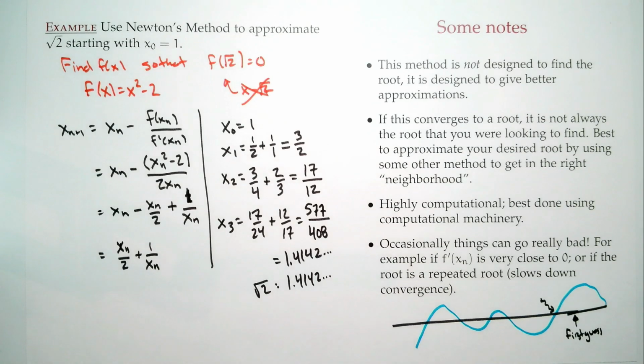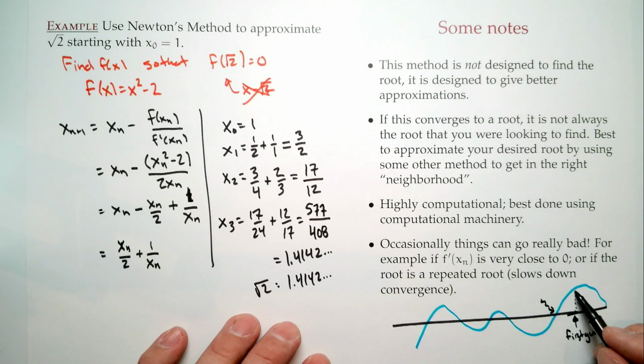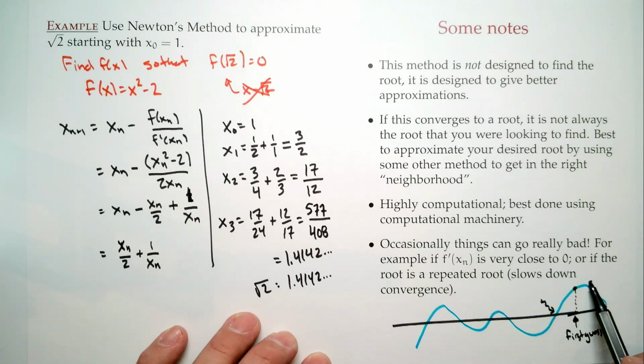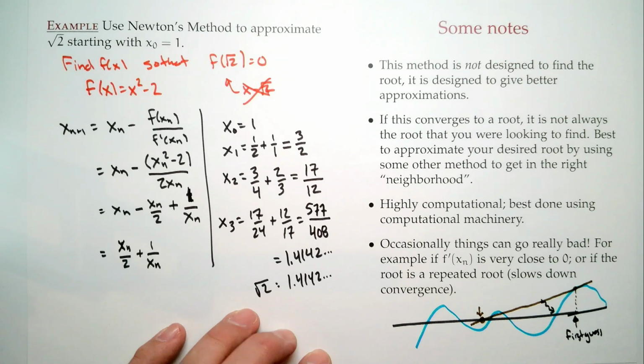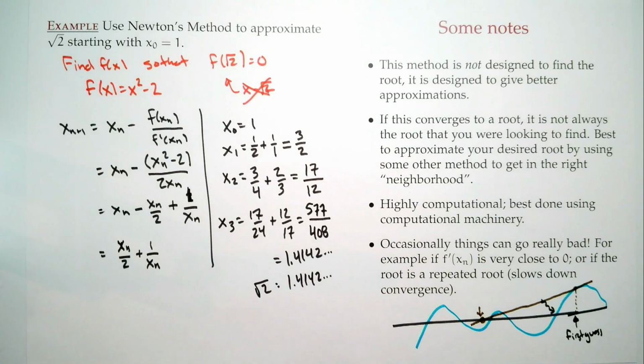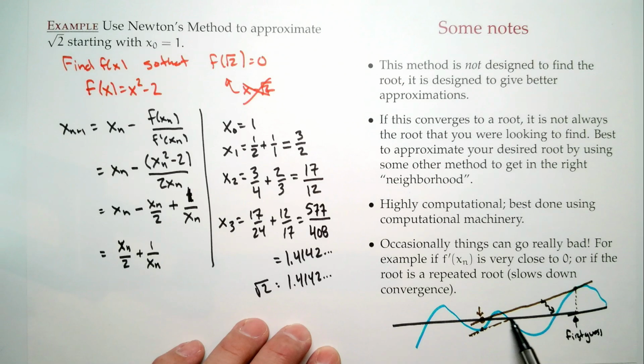Well, notice what happens. If we make our first guess, we shoot up to the curve, and then we take the tangent line. But what's true about this tangent line? The slope of it is very small. So what ends up happening is it shoots you, and your second guess goes way out. And then, of course, you get here, and that tangent line is also shooting you.